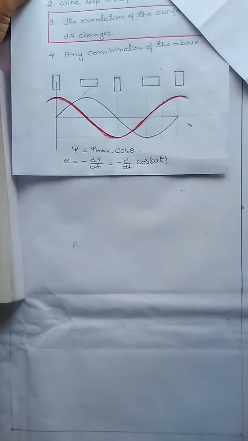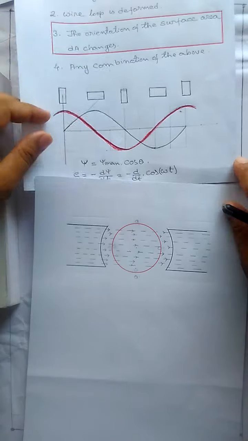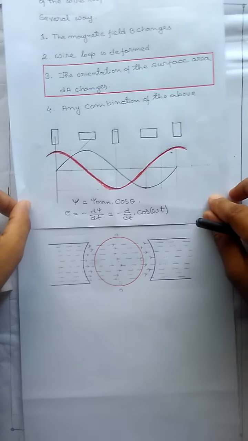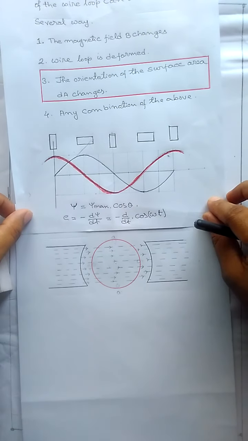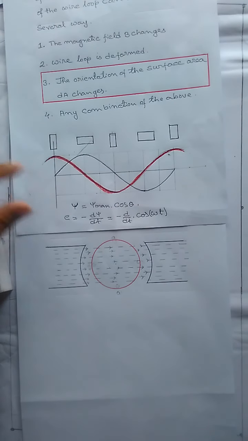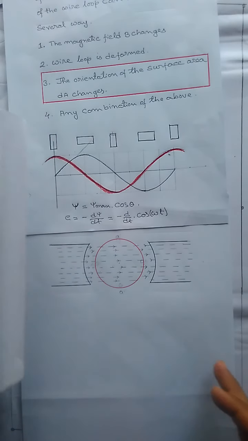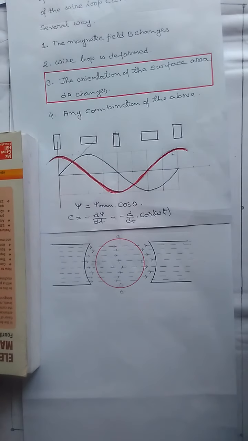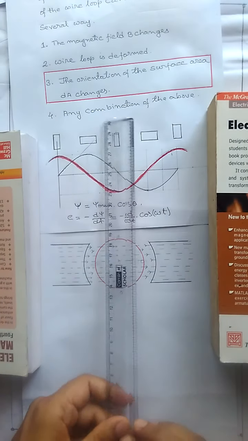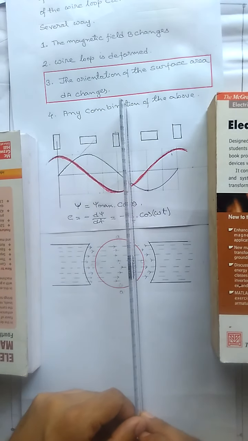Now let's try to correlate this with this diagram. This diagram is available in almost all books. Let's try to relate what we have studied between this diagram and this diagram. Now, when we have drawn this diagram, we have assumed that the poles are like this and the conductors are moving in this way.